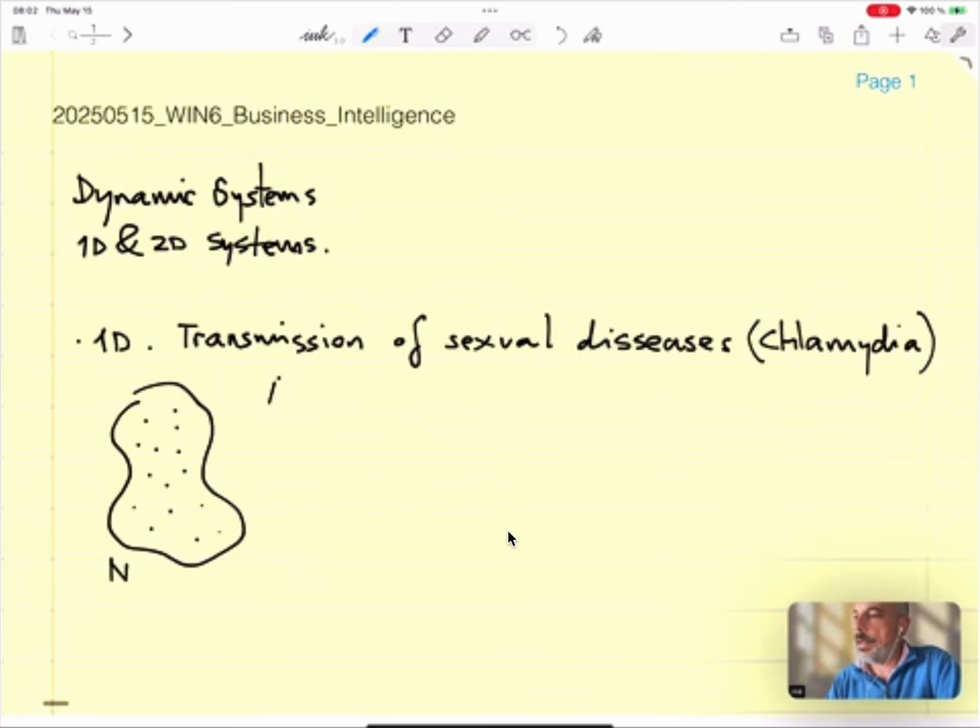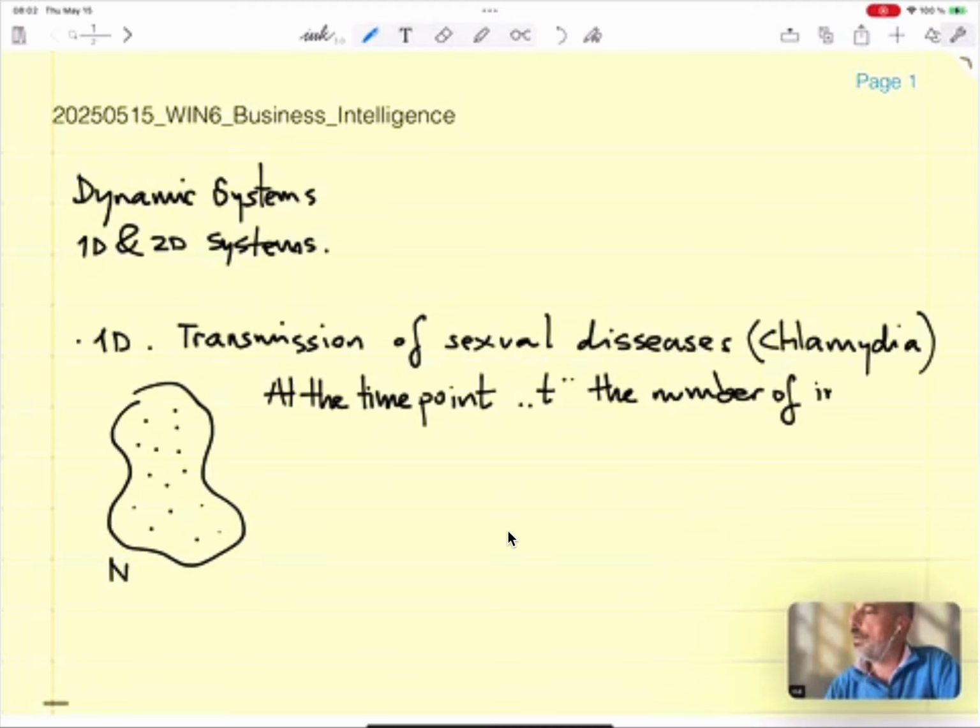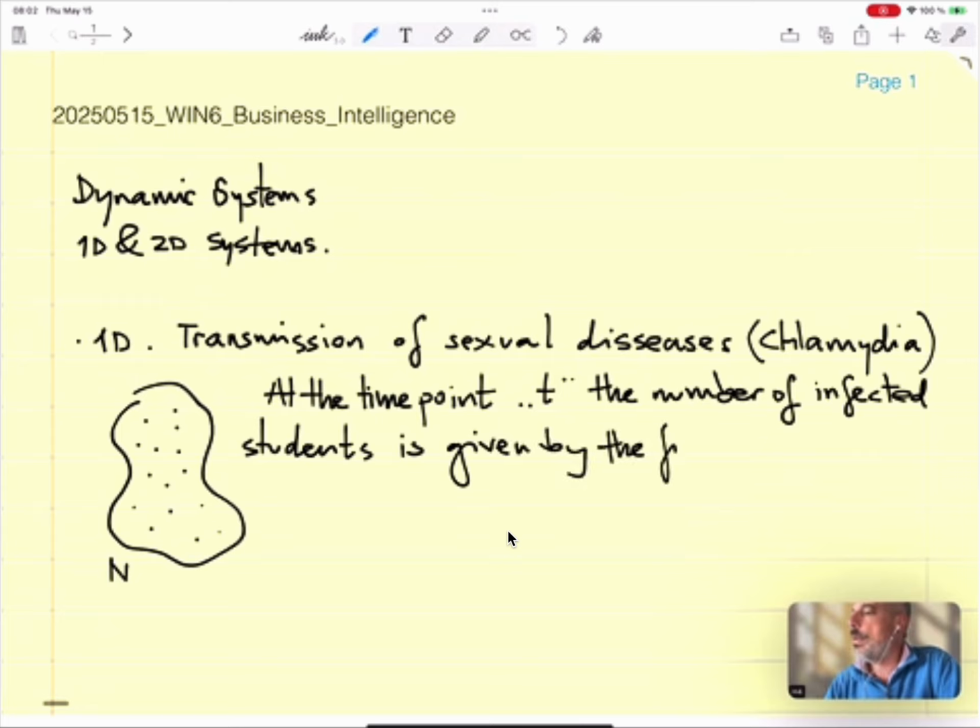And at the time point t, the number of infected students is given by the function I big of t, okay?